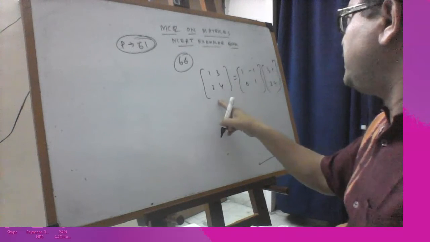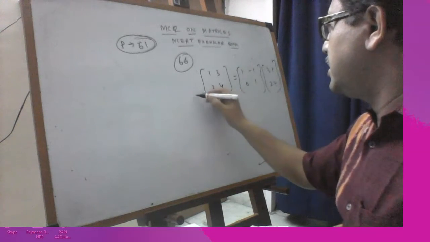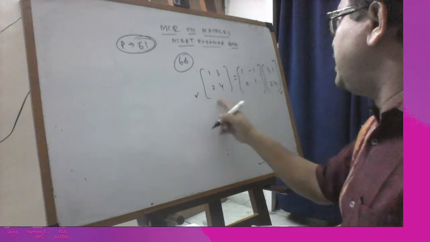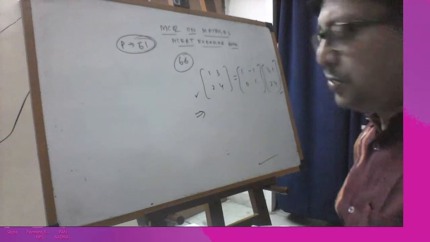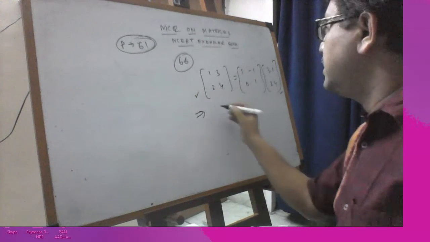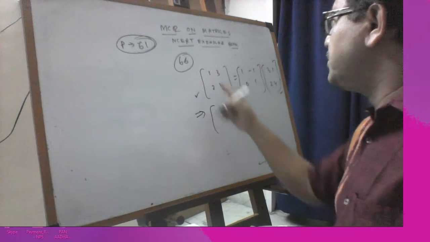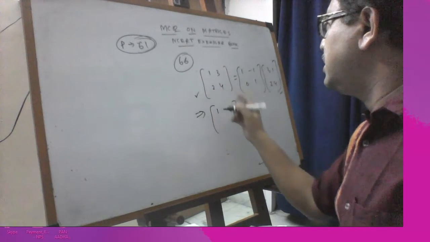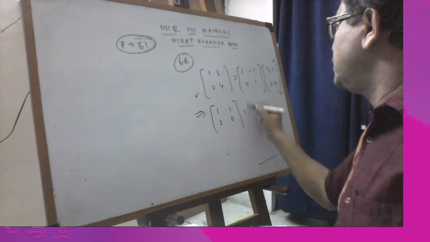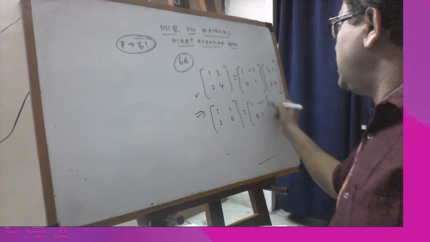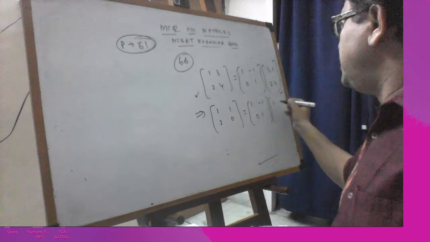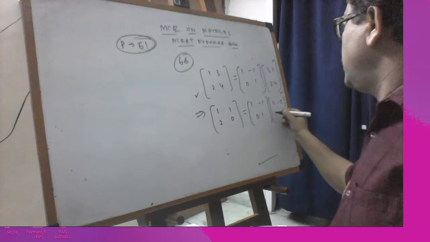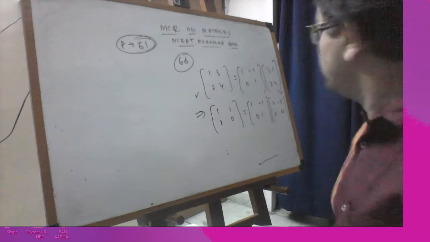Here we will apply the operation on this matrix and on this matrix. Row operation, this and this we apply, here it will be different. So this implies if we subtract 2C1 from C2, then 1, 3 minus 2 is 1, 2 0, 0 1, and here you apply the same thing, 3 minus 5, 2 0.